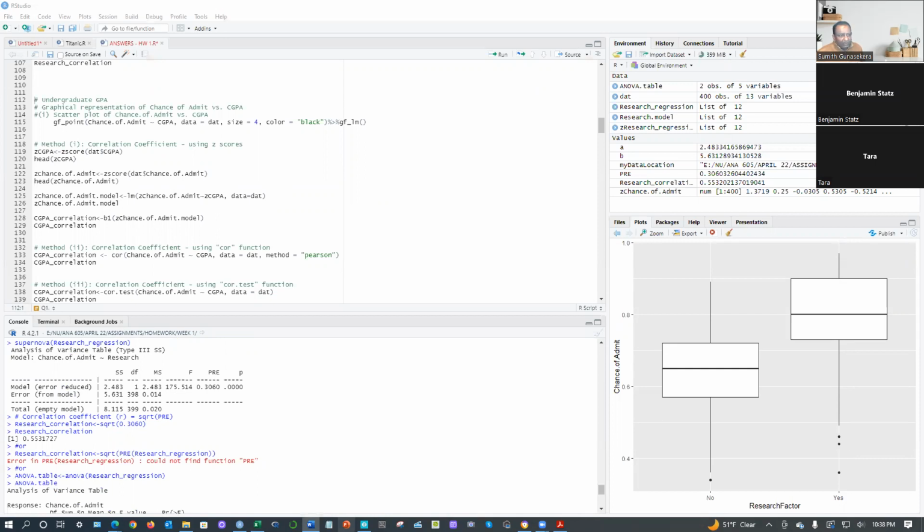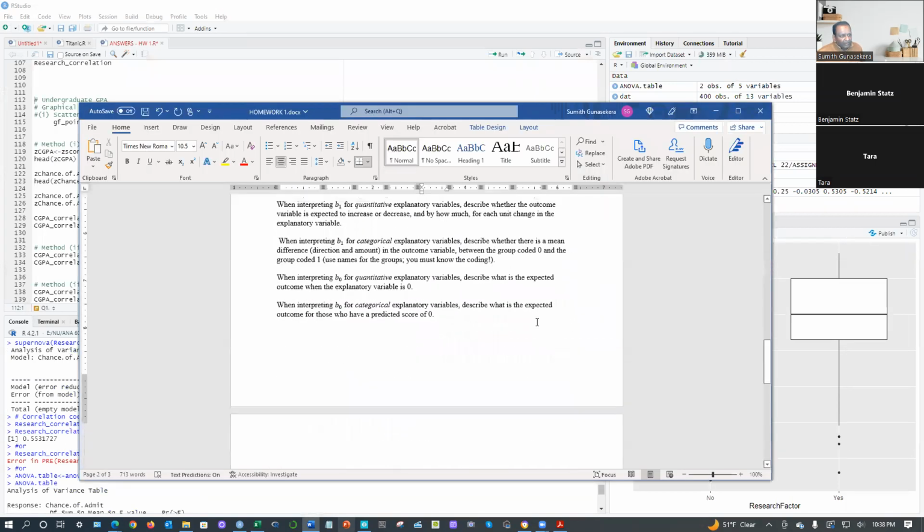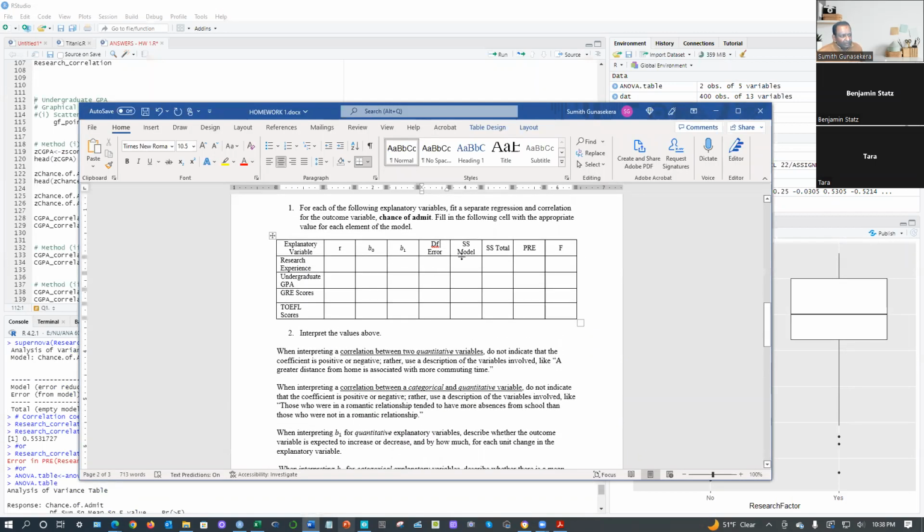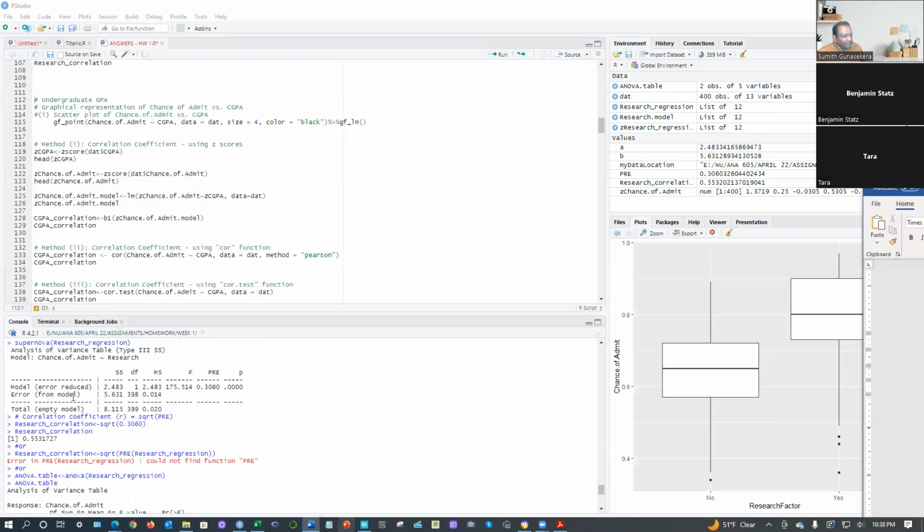And the other one, you need the sum of squares for the model, meaning regression, this one. That value is nothing but 2.483. And you need the p-value, 3.3060. You need the F value, 175. You can easily fill it.